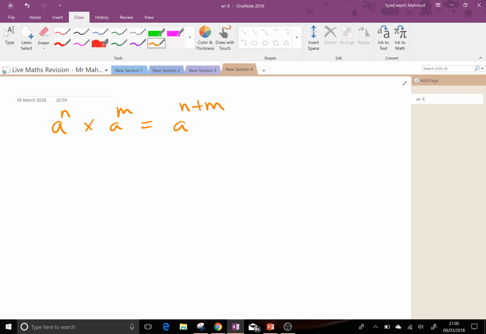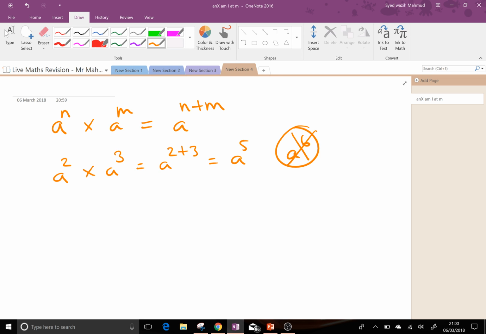Let's have a look at an example. Say we have a to the power of 2 times by a to the power of 3. The answer would be a to the power of 2 plus 3, which is a to the power of 5. Now what a lot of people do is they'll times the 2 and 3 and write a to the power of 6. This is wrong. When you times, you add the powers.